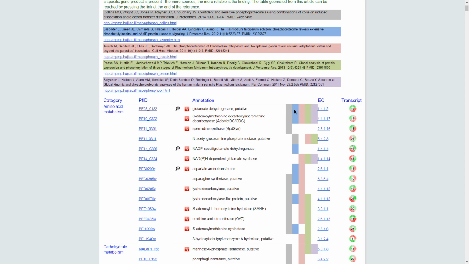Obviously, the more colors you have, the higher the reliability of this identification. On the other hand, in the case of spermidine synthase, you see that it has been identified only in one investigation, likely as in the NADP-specific glutamate dehydrogenase, and this casts some doubt about the validity of these identifications.